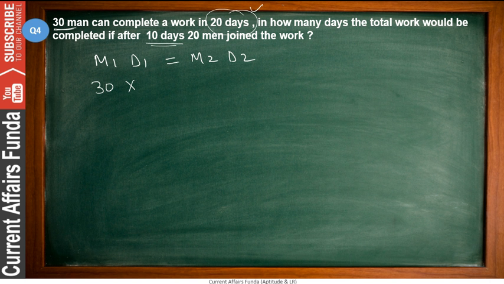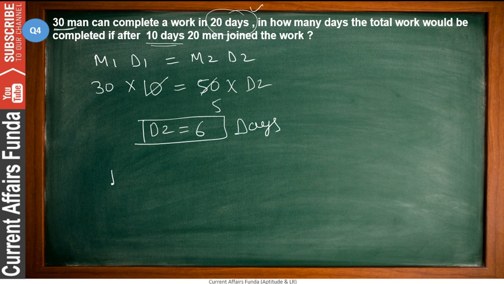That means 10 days have passed, so the remaining days will be 10. Okay, and these 30 men become 50 because 20 men already joined the work, and you need to find this d2 from here. Okay, so friends, 10 will be 5 times, and this will be 6 times, so d2 will be 6 days.